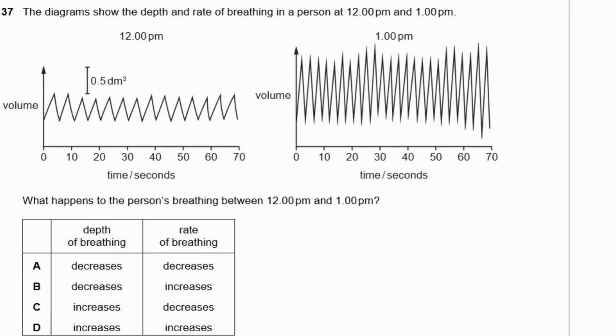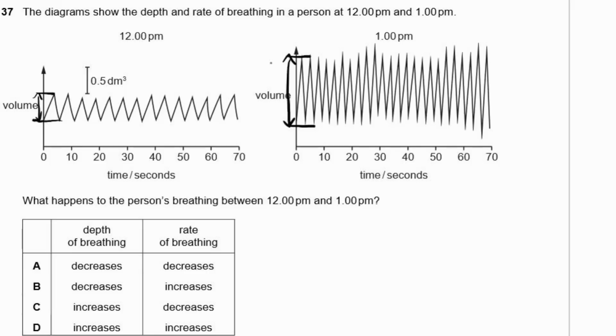Question 37. The diagram shows the depth and rate of breathing in a person at 12 p.m. and 1 p.m. What happens to the person's breathing between 12 p.m. and 1 p.m.? Well, it doesn't really matter what time it is, just time 1 and time 2. We're looking at the depth of breathing and the rate of breathing. The depth of breathing is on the y-axis here. It starts off at about half a decimeter cubed, approximately. At the second level, it's certainly much larger.